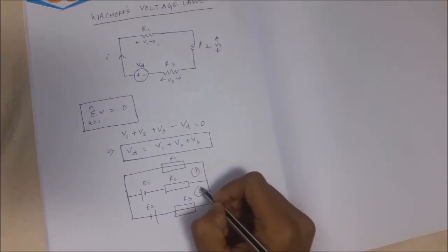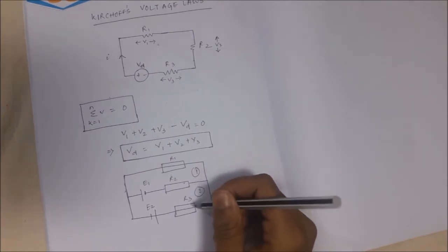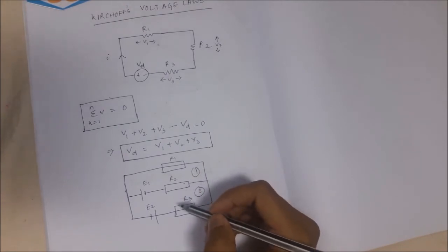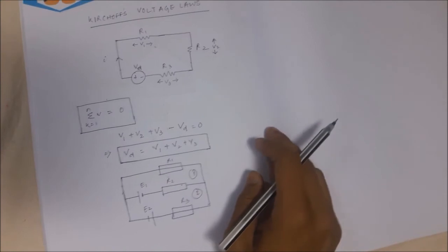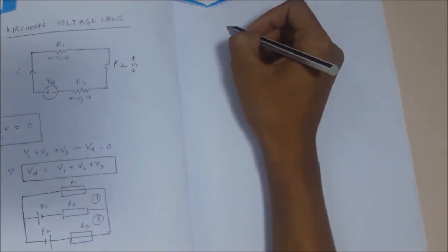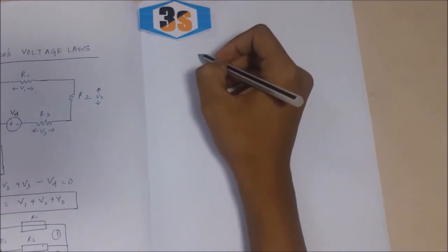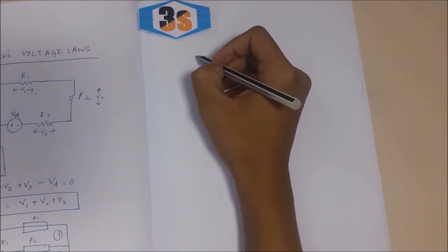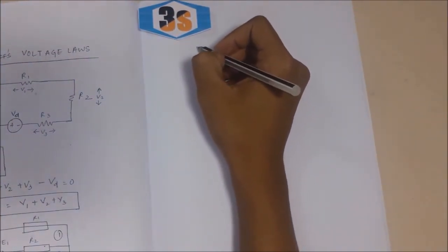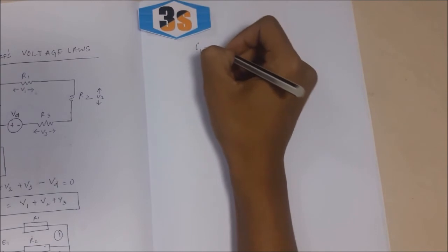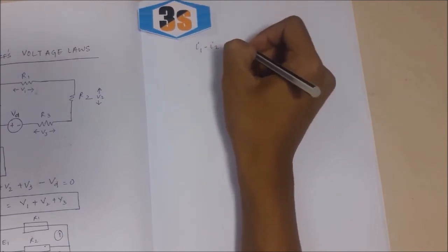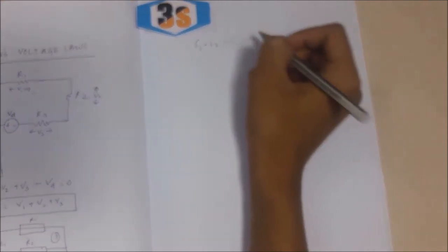In loop 2, we have R2, R3, E1 and another cell E2 which gives a potential of E2. Now, if we consider the first loop, then applying Kirchhoff's first law, the current law, we have I1 minus I2 minus I3 equals 0.